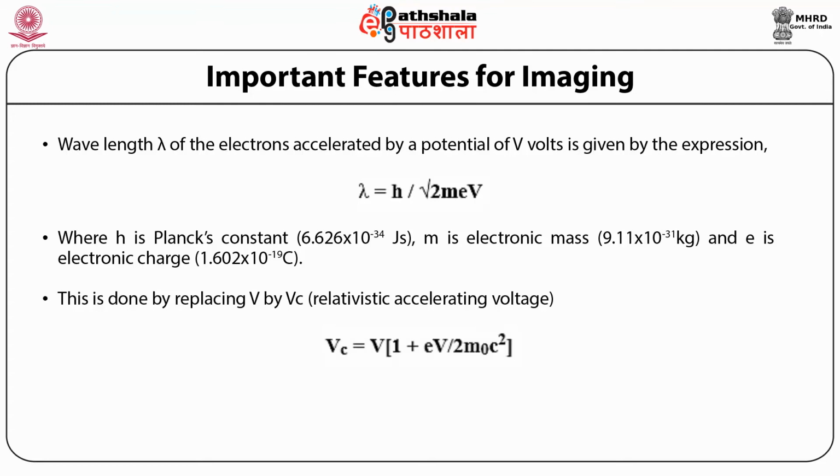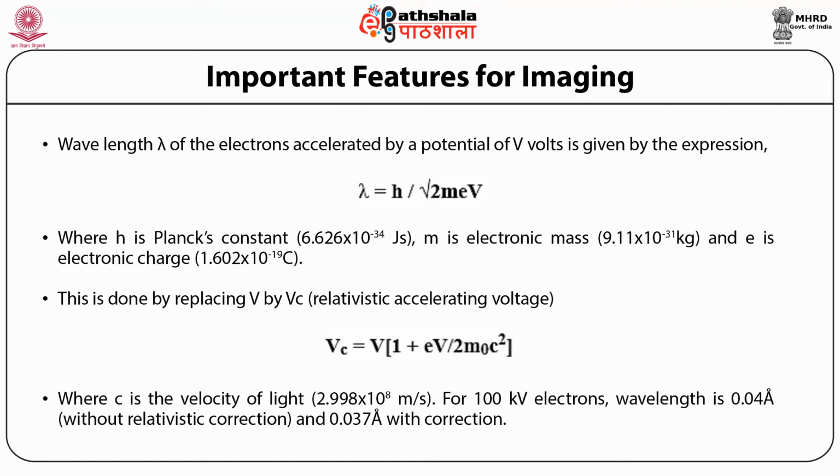The value of Vc is given by V multiplied by 1 plus eV by 2 m naught c square, where c is the velocity of light, that is 3 into 10 raised to 8 meter per second. For 100 kilovolt electrons, the wavelength is 0.04 angstroms without relativistic correction and 0.037 angstroms with relativistic correction.